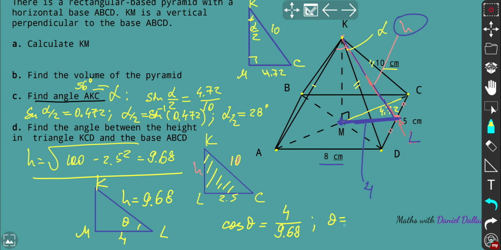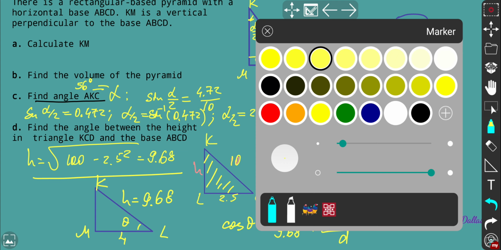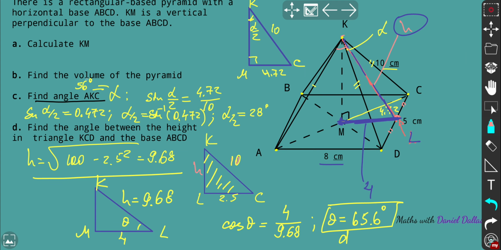So let's take the cos minus 1 of the fraction 4 over 9.68. I will get 65.59, or 0.6 if you want degrees. So that was the final angle and that was the answer for D. Okay, so we've got all the answers. That was for the previous one.